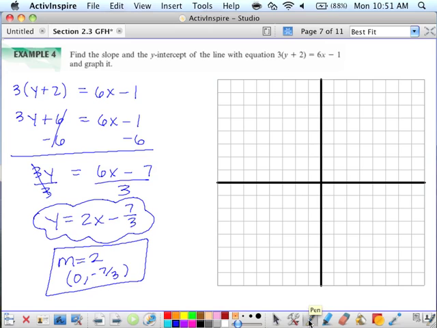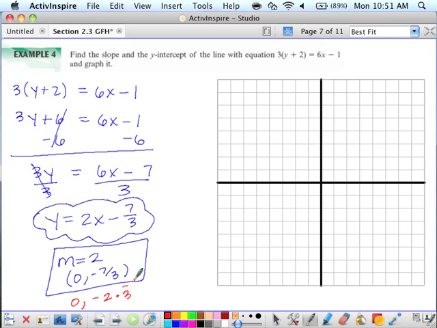If we're going to graph using slope-intercept form, I need to know where to put my first point. My first point needs to be at (0, -7/3). Negative 7/3 is about how much? Negative 2 1/3, so negative 2.3.